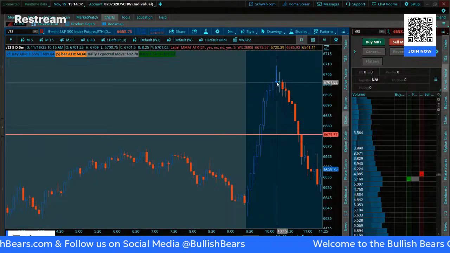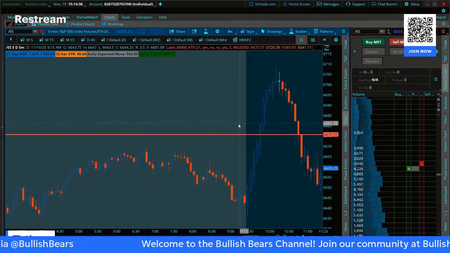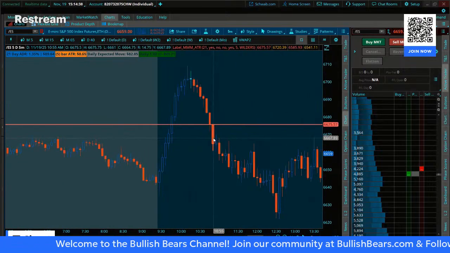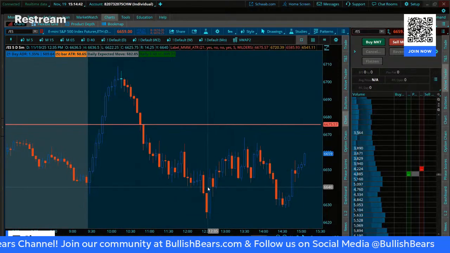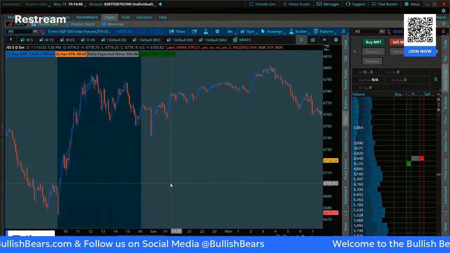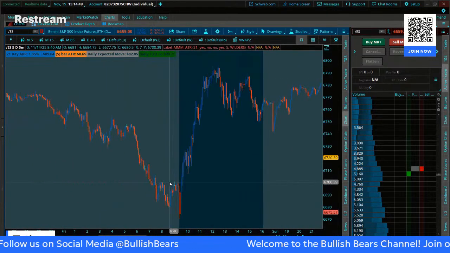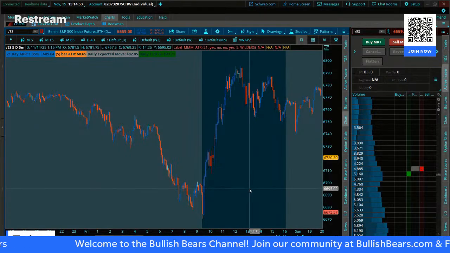You figure that out and then you go read about whatever that reversal's called, and that's the thing you study. Or if it's a tweezer bottom or a tweezer top or whatever it is, because if we're going to trade reversals, it's going to be a reversal pattern. You could even go to Google and just type in reversal patterns and see what pops up.